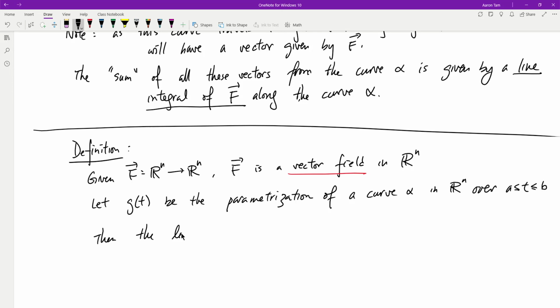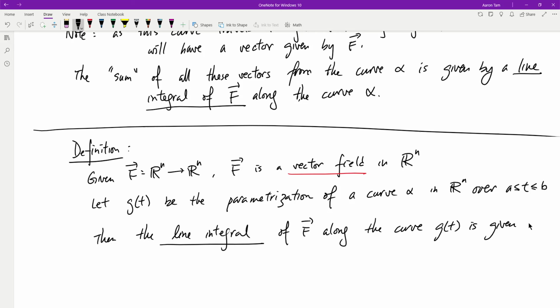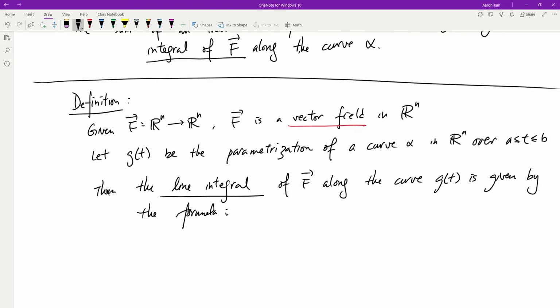Then the line integral, so this is what I want to define, the line integral of vector F along the curve g of t is given by this formula. Right now you have no idea how this formula comes about, but I will show you where it comes from once we learn how to use it and evaluate with it.